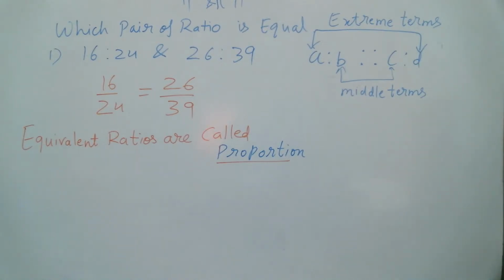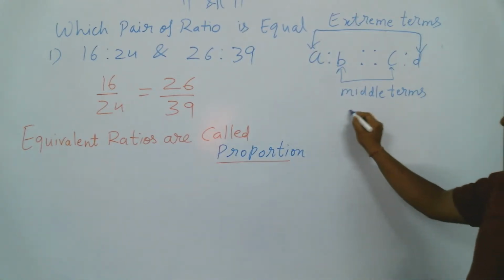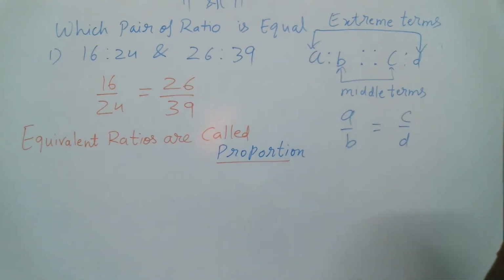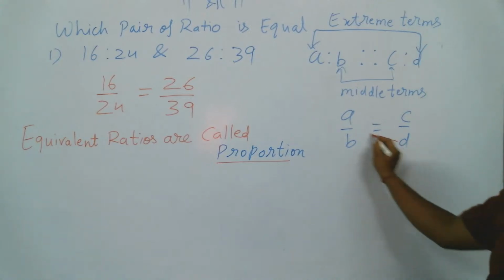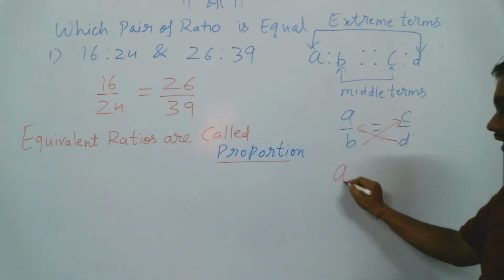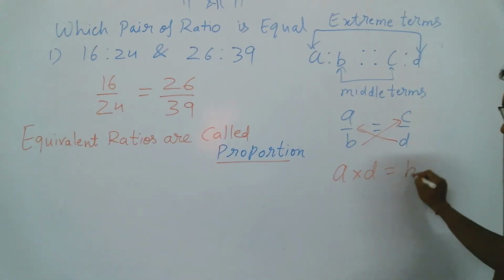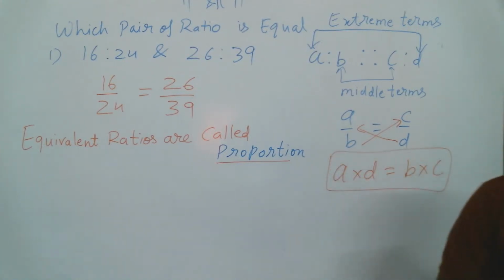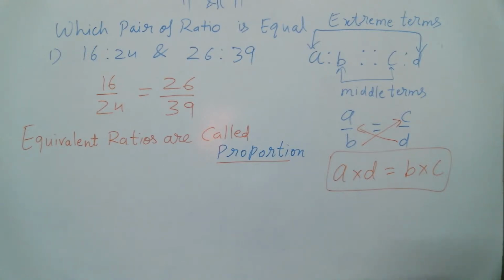Extreme terms and middle terms. We can see that when we do A by B equals C by D, during cross multiply, A into D is equal to B into C. So the product of extremes equals the product of middle terms.